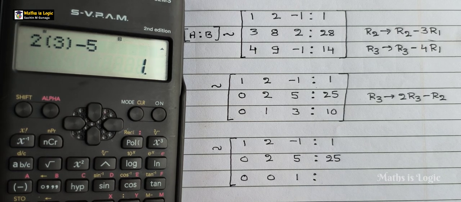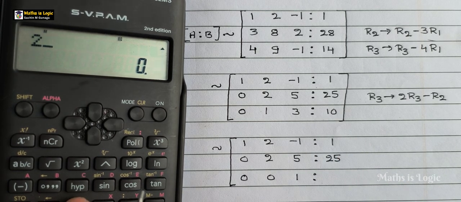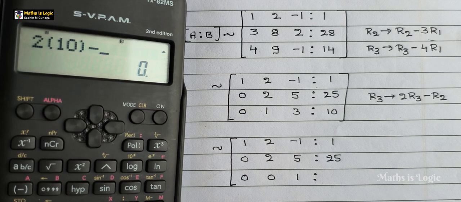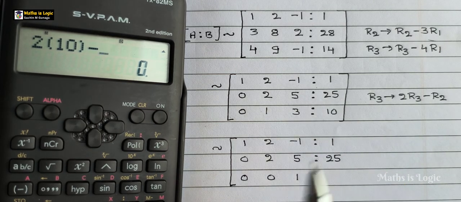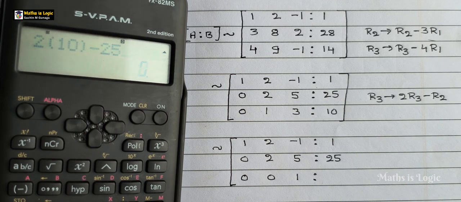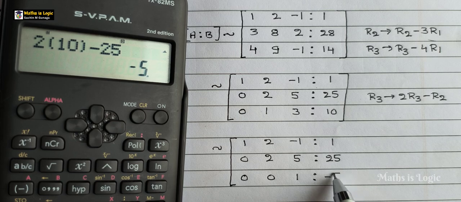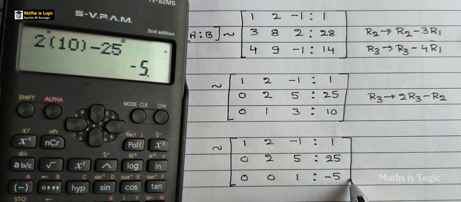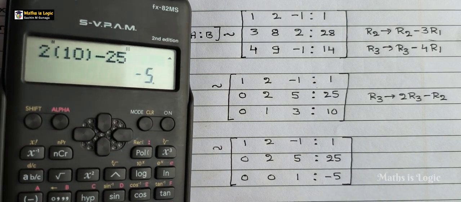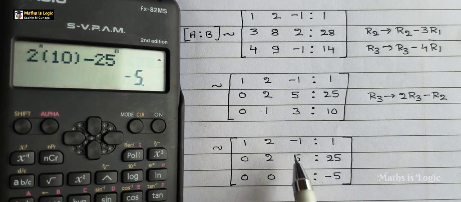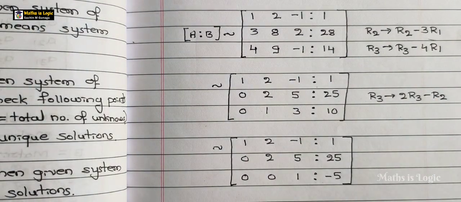Next, 2 times 10 minus 25 gives minus 5. Now we have reduced it to echelon form.